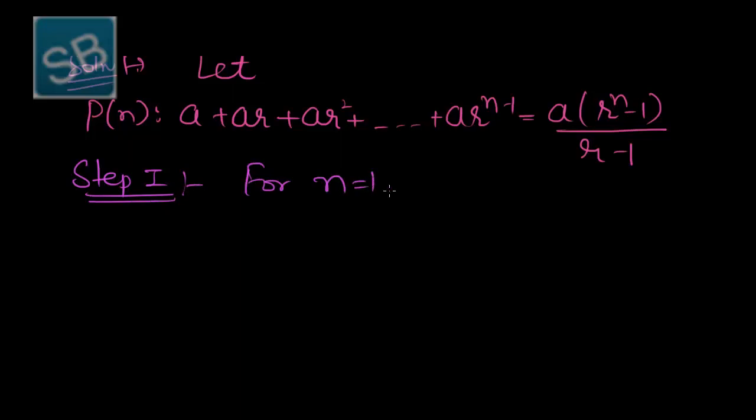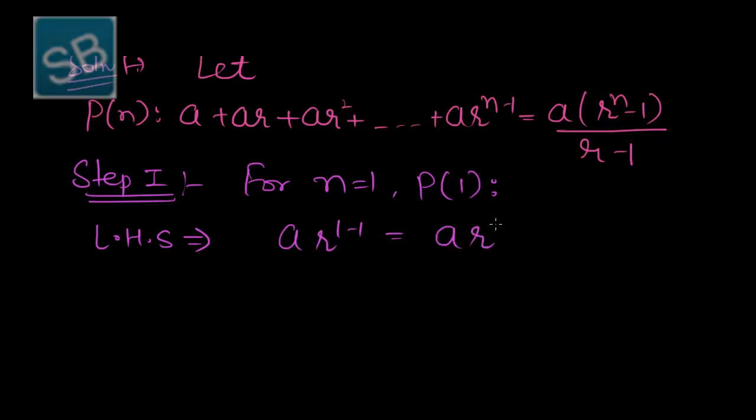for n is equal to 1, P of 1. So by taking left hand side, replacing n is equal to 1 in the last element, we get ar raised to 1 minus 1, ar raised to power 0. And we know that anything raised to power 0 is 1. So it becomes a into 1 is equal to a.